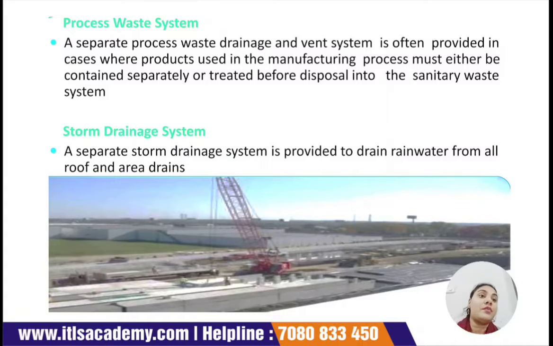Whenever there is production of a particular drug, the waste that comes out during the process or manufacturing, we dispose of through the process waste system. But again, before disposal of this process waste, the waste should be treated first.